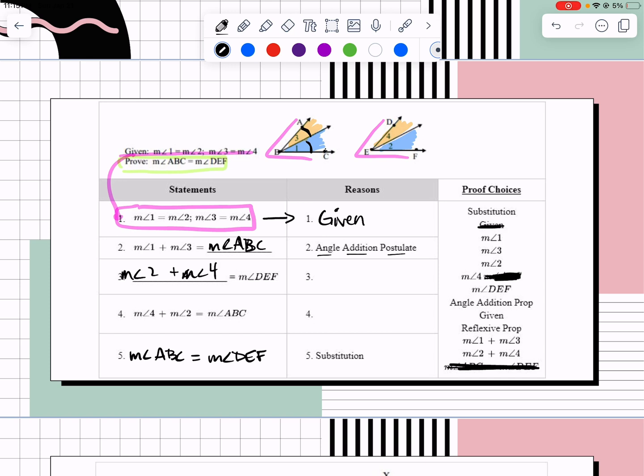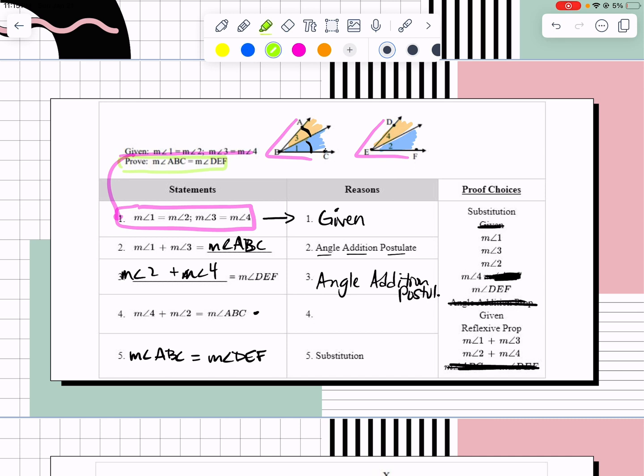All right, and I'm going to steal my reason from above, the angle addition postulate again. So now I really have to figure out how I got here. When you try to break this down, you can notice there are some similarities.